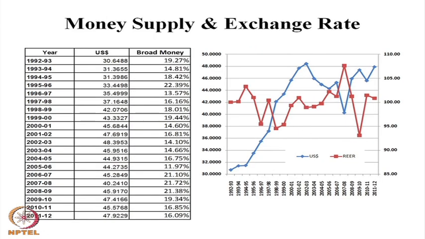Similarly, I have taken into account broad money supply and other things. There also the same thing happened. Broad money supply is increasing, and when broad money supply is increasing, the rupee value is also depreciating.